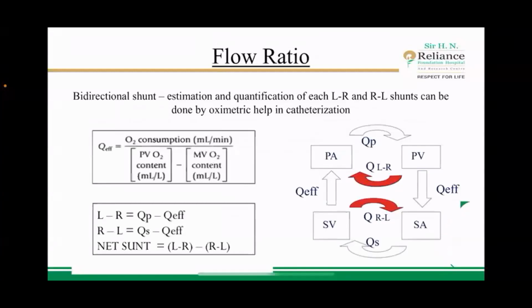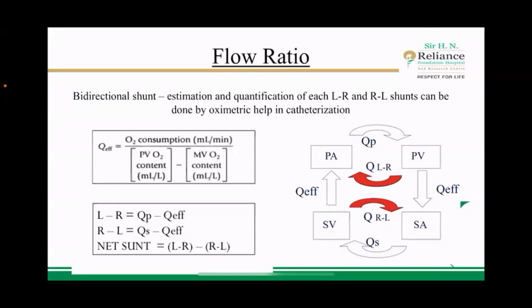Just seeing in the diagram here, Q effective is from the systemic vein to pulmonary artery. From here will be the QP, that is the pulmonary flow going into the pulmonary vein. Then again Q effective to systemic artery, and QS is systemic artery to systemic vein. In case of a left to right shunt, additional shunted blood is coming from the pulmonary vein to the pulmonary artery side, basically from the left side to the right side.